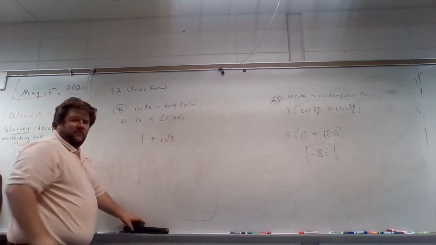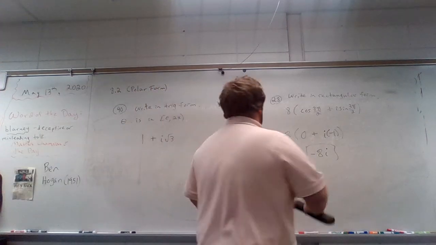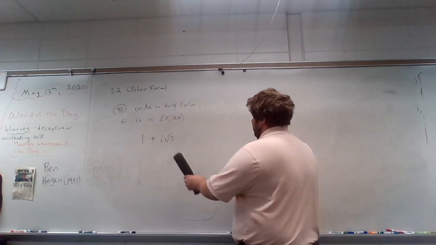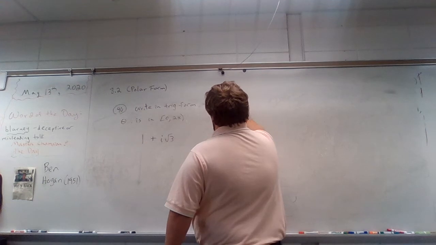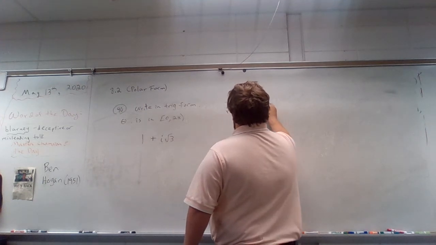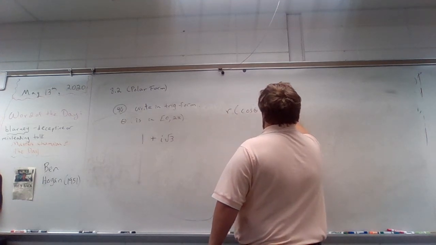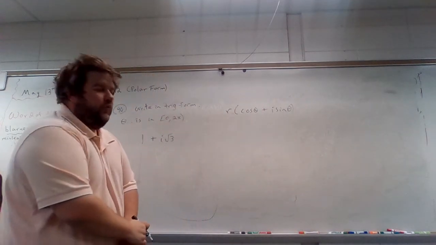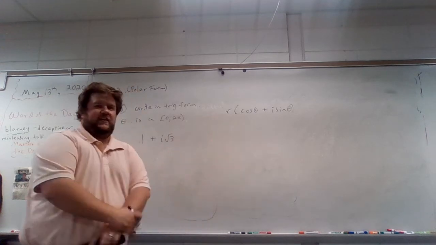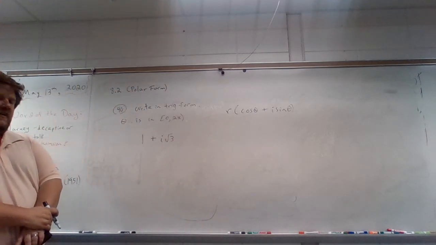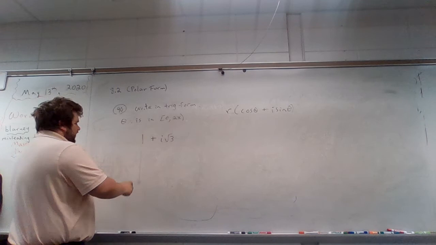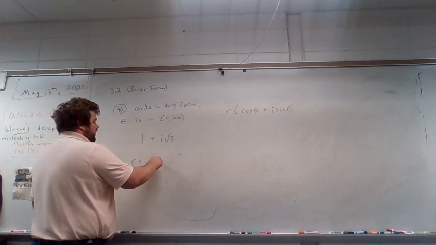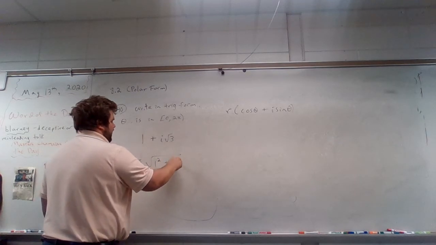Okay. Let me write down what the polar form is, and then I think it probably becomes obvious what you need to do if you think about it that way. So I want it in the form r times cosine theta plus i sine theta. That's our polar form. In order to write it in polar form, I need r and I need theta. r is really easy to find because r is just going to be the square root of 1 squared plus root 3 squared.